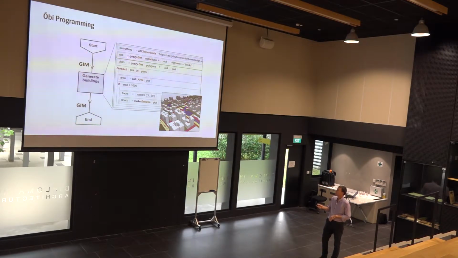This variable here is the name of the variable, this is the name of the function, and this is the input to the function. And this collection here is the next variable name, and this is the function, and these are the inputs to the function. So with this query.get, this gets some geometry from the model.